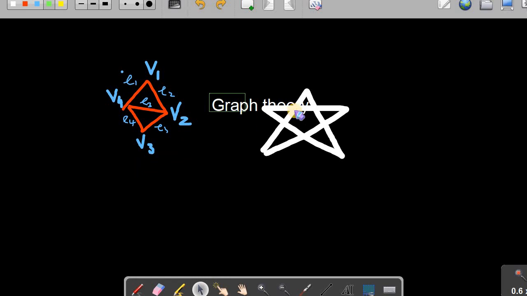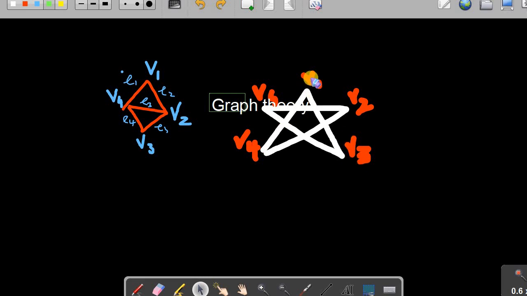Now look at the other picture, like a star, and these are the vertices V1, V2, V3, V4 and V5 of this star-like picture, where the vertices are joined by lines.